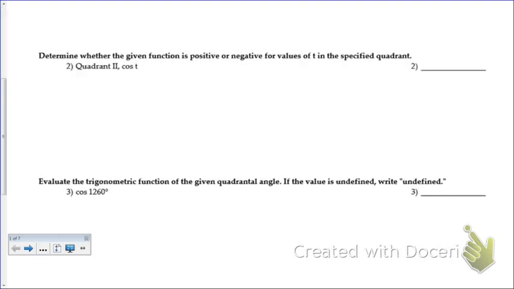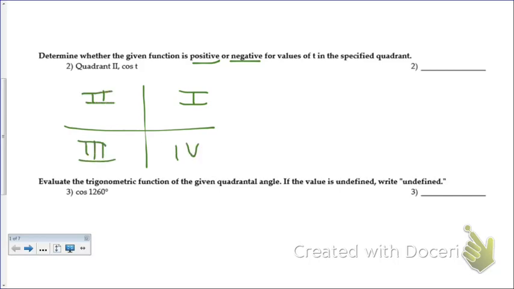Number 2, it says determine whether the given function is positive or negative. So positive or negative in quadrant 2. So we have our axis, or our coordinate plane. This is 1, 2, 3, and 4. So we now have the cosine in quadrant 2.